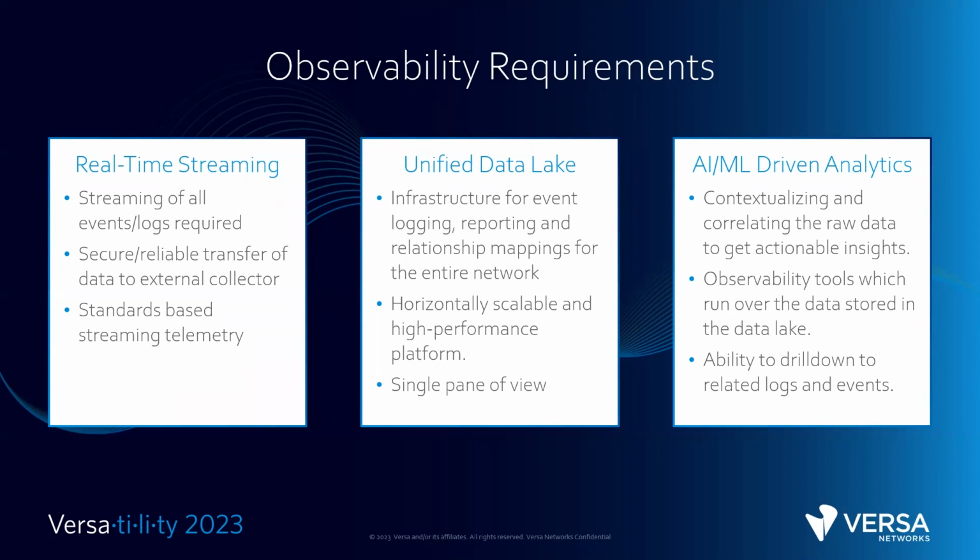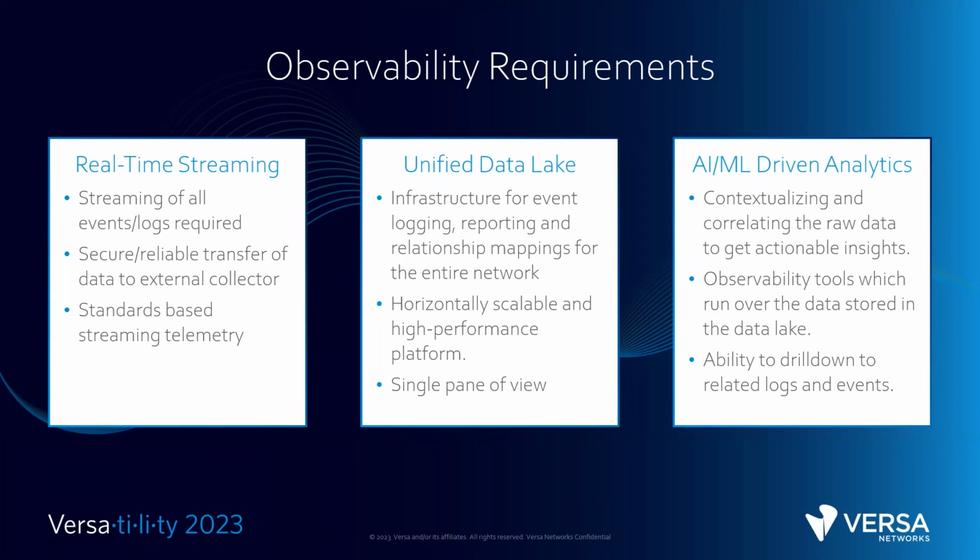Once the data is stored in the data lake, we need to be able to contextualize and correlate all this raw data to get actionable insights. For that, observability tools may be needed to run over this data to generate those insights. And we also need to be able to get to the actual logs and events on drill down.